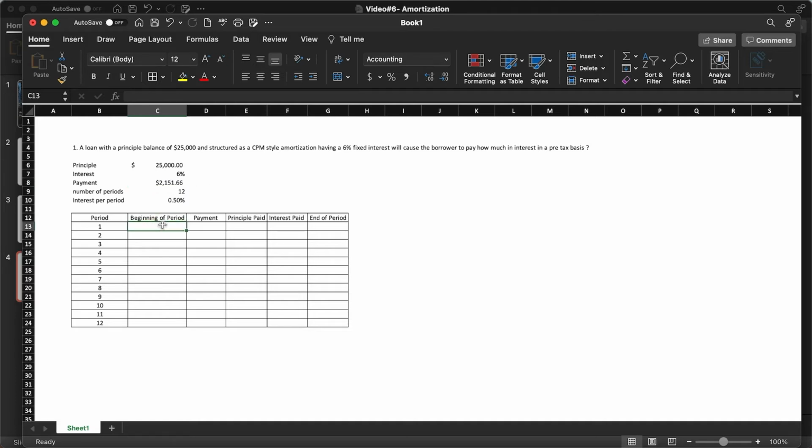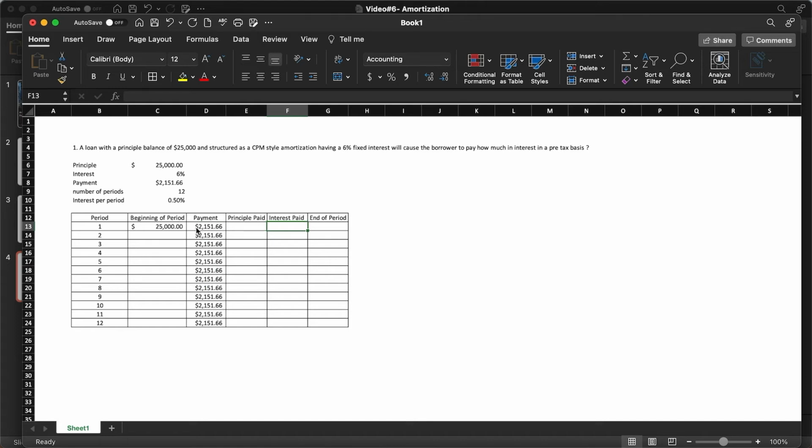So the way we amortize the loan using the constant payment mortgage is we calculate all of our information, which we have, and then we can structure our table. So at the beginning of the period, we begin with the principal. Our payment is going to be the same for each single period throughout the life of the loan. So we can drag.